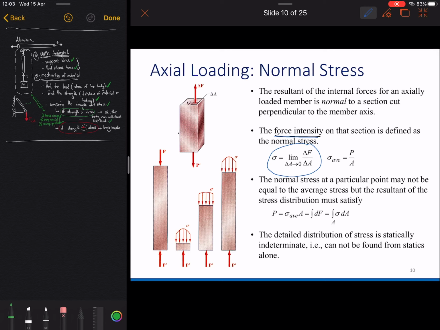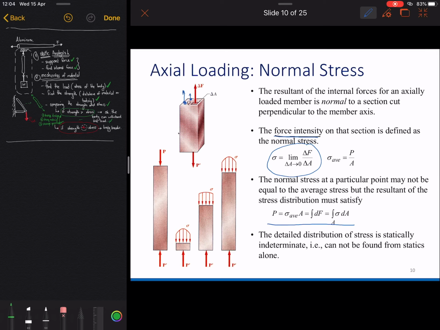Okay, and the normal stress at a particular point may also not be equal to the average stress, but the resultant of the stress contribution must satisfy this formula. It means at this point and this point, for example, the force may not be equal.